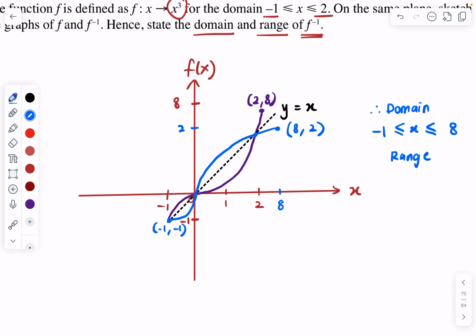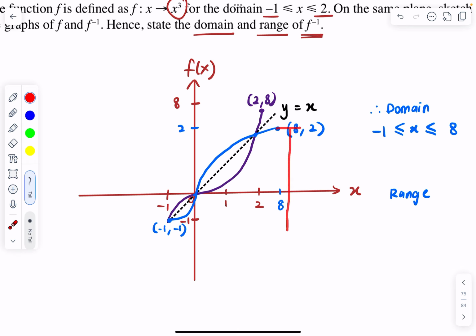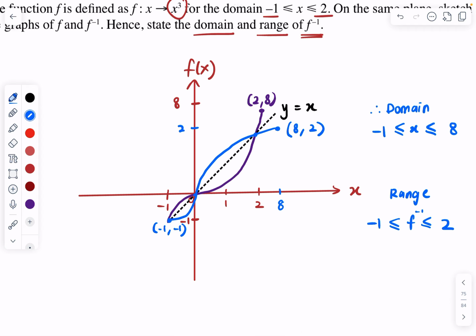And for the range, it is from here to here. So this is between -1 and 2. So the range of f inverse is between -1 and 2. Okay, since this is the f inverse graph. Right, so this is the answer. The domain is between -1 and 8, range is between -1 and 2.